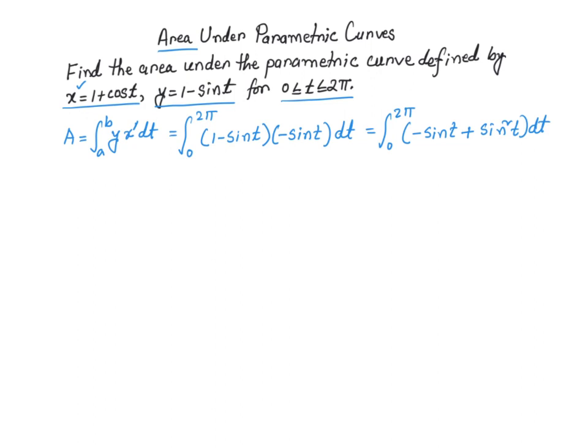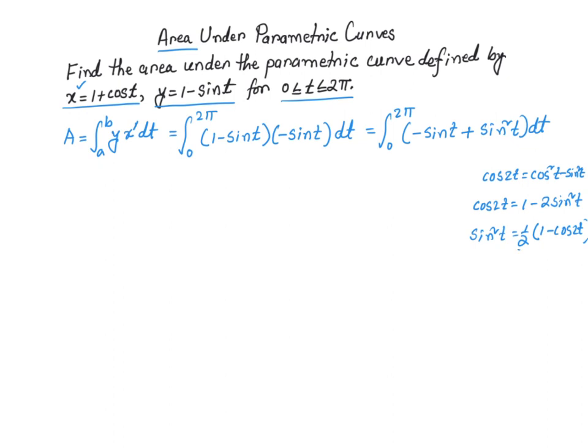Now I'm going to simplify sine square of t a little bit. So remember, cosine of 2t is equal to cosine square of t minus sine square of t. That I could simplify to cosine of 2t is equal to 1 minus 2 sine square of t. And if I solve for sine square of t, I'm going to get sine square of t is equal to 1/2 times 1 minus cosine of 2t.